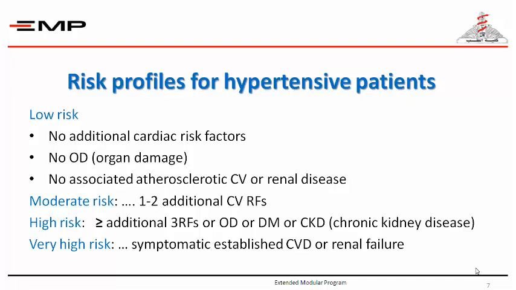On the other hand, high-risk patients have 3 or more risk factors or organ damage or diabetes mellitus or chronic kidney disease. Very high-risk patients are those having symptomatic established cardiovascular disease or renal failure.